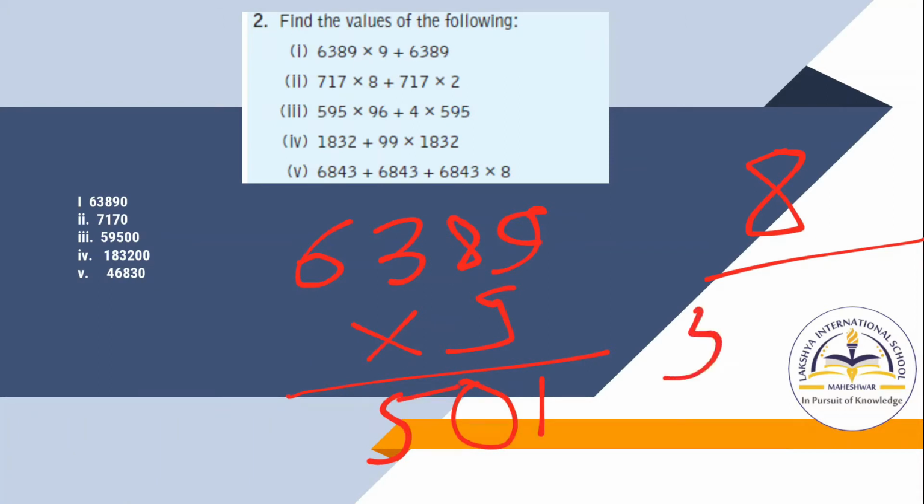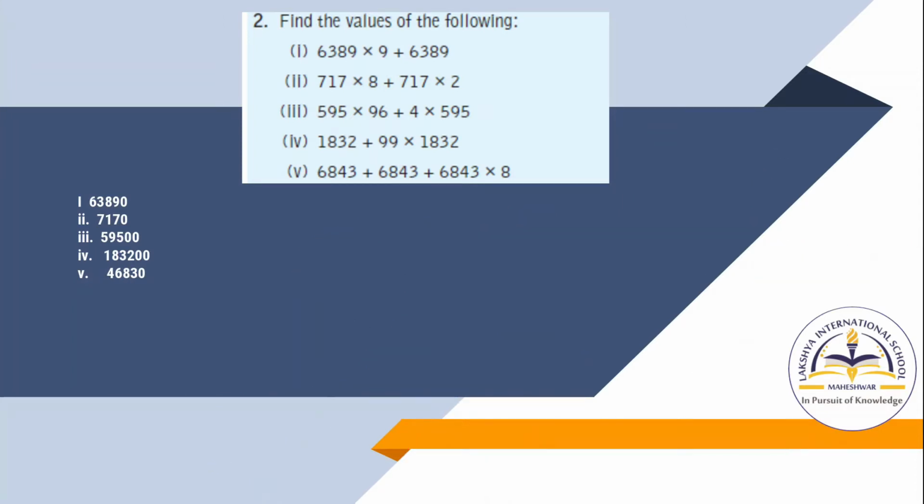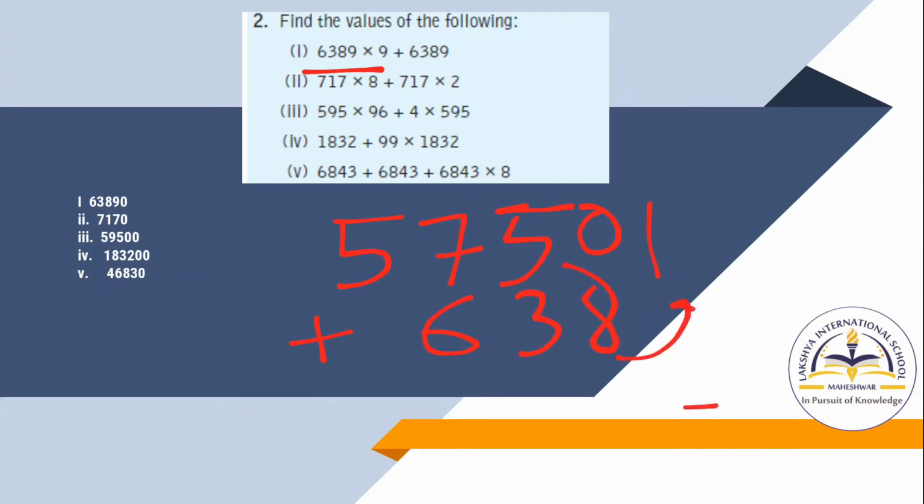Carry 3. Now 9 6s are 54, 54 plus 3 is 57. So we get 57501. Now we have to do the addition, 6389.